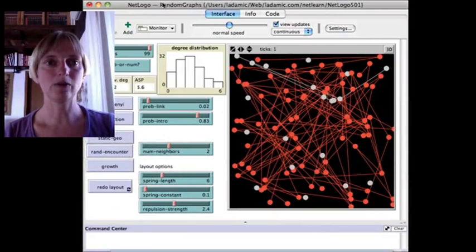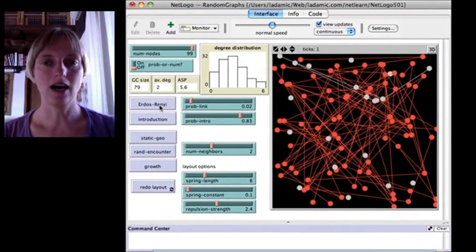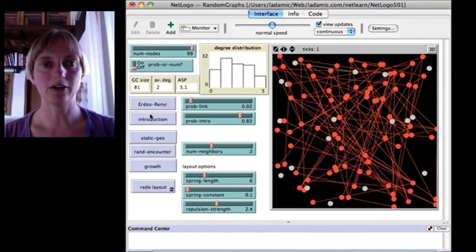Okay, so in this model, you can generate your regular Erdős-Renyi random graph. It's reporting several things back to you. So here's the degree distribution, the size of the giant component, the average degree, and the average shortest path within the giant component.